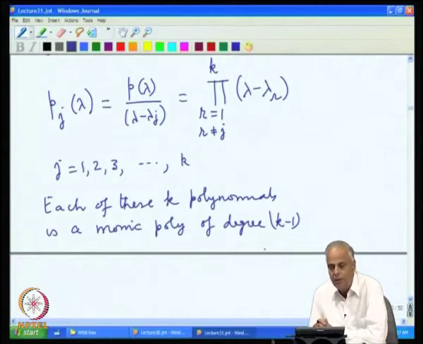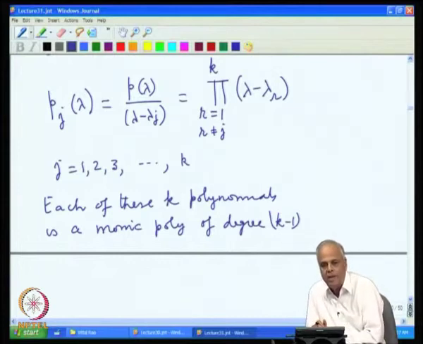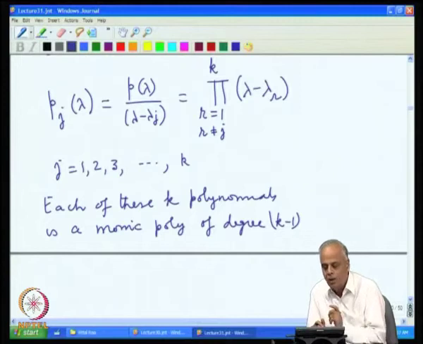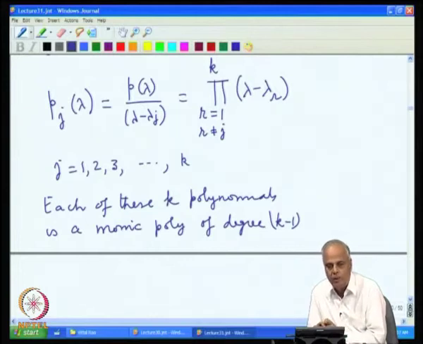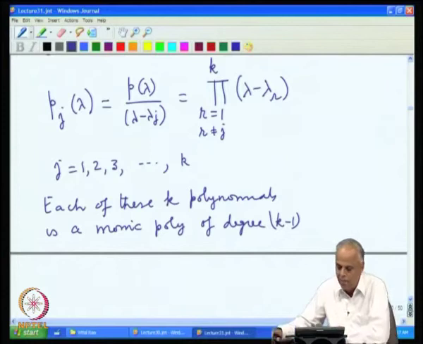Now, let us look at this polynomial p j lambda. The p j lambda has factors lambda minus lambda r except the lambda j factor. So, if I put r equal to 1, lambda minus lambda 1 is a factor. So, lambda 1 will be a root. Similarly, lambda 2 will be a root, lambda 3 will be a root. So, all these lambdas will be roots except lambda j.